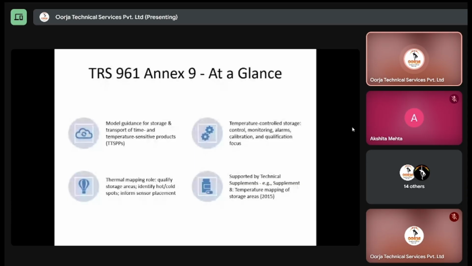So wherever temperature is maintained, or any product is kept stored in any area, in this session we are going to focus more on that particular part. Basically, Supplement 8 emphasizes the need for a robust system of controlled continuous monitoring and effective alarms, regular calibration of equipment, and of course, qualification of the storage area.